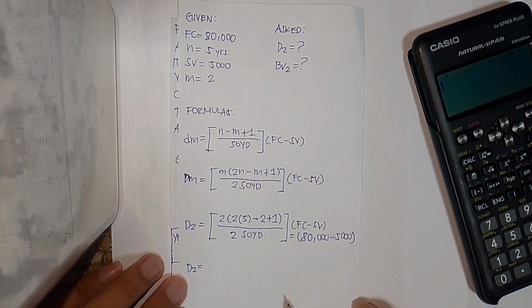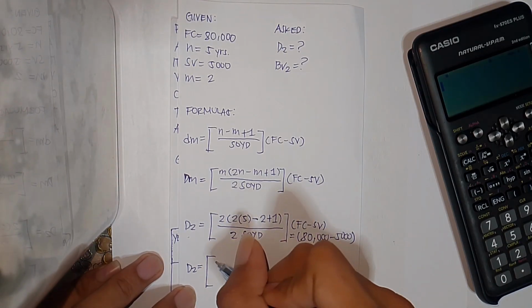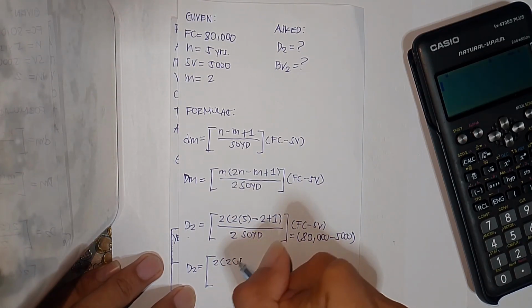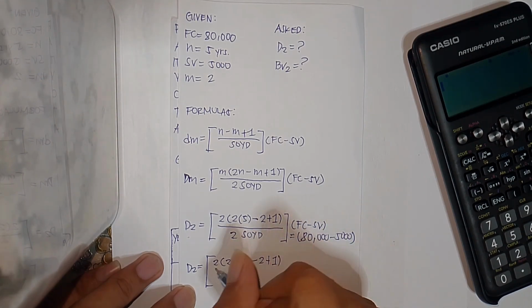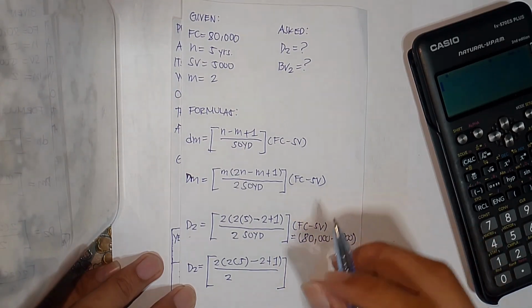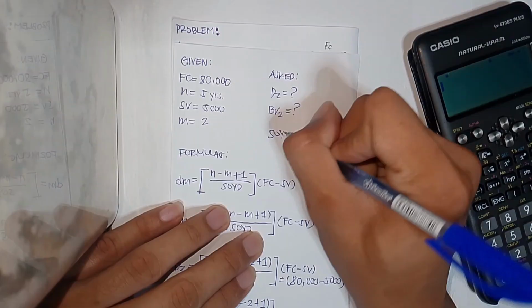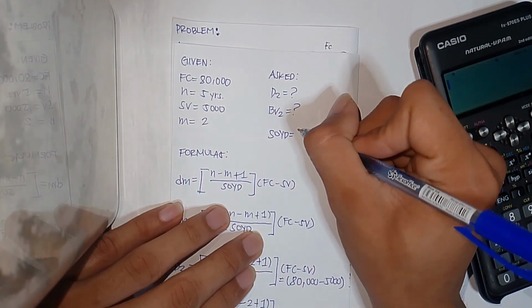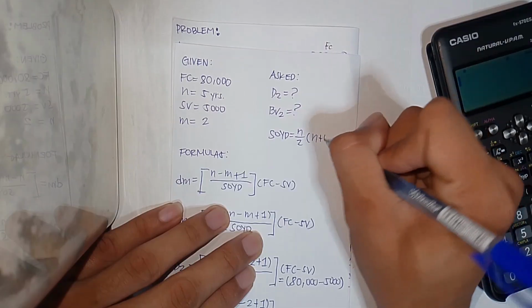D2 is 2 times (5 minus 2 plus 1) over 2. Earlier we computed the SOYD formula, which is SOYD equals n over 2 times (n plus 1).